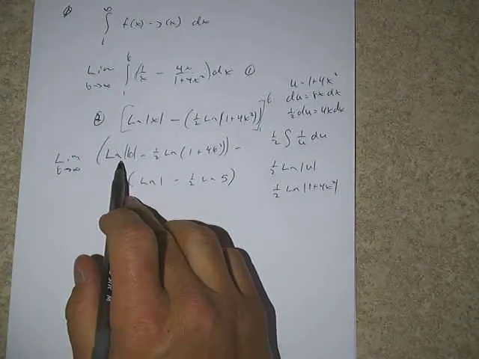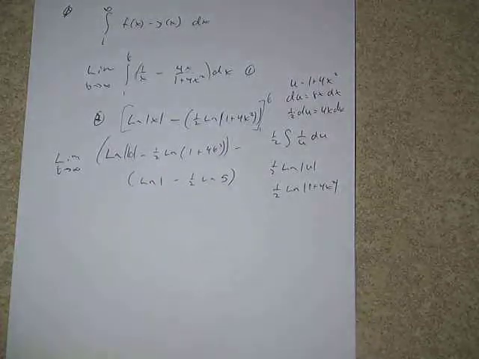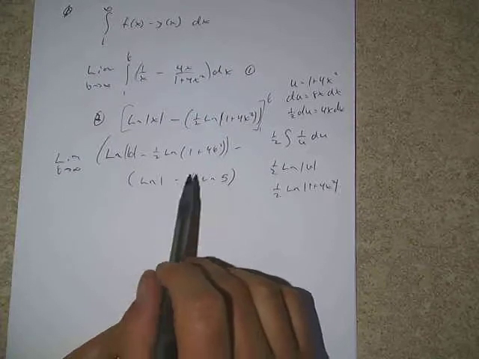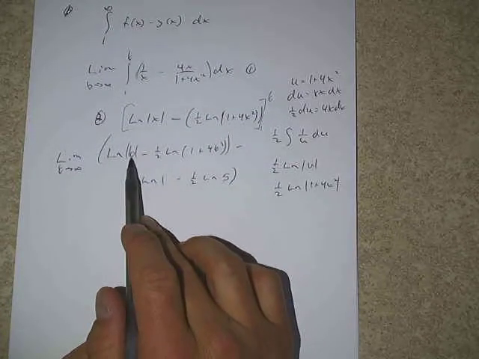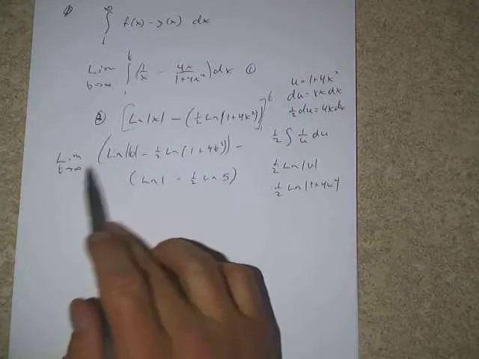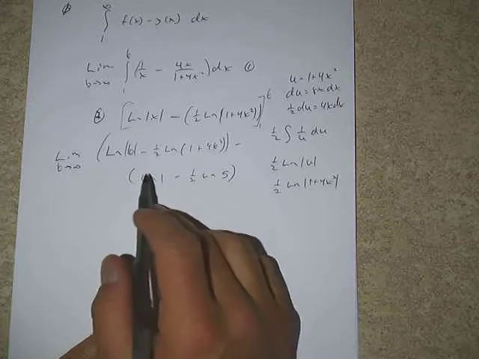So put a 1 in here, we're going to get 1 plus 4 in the parentheses. And again, remember the only way you can evaluate this is if we look at the limit as b approaches infinity here. Alright, so in this case, what do we got going here?